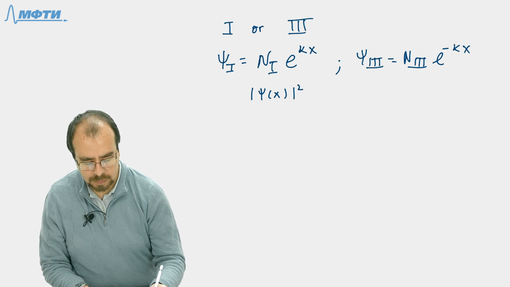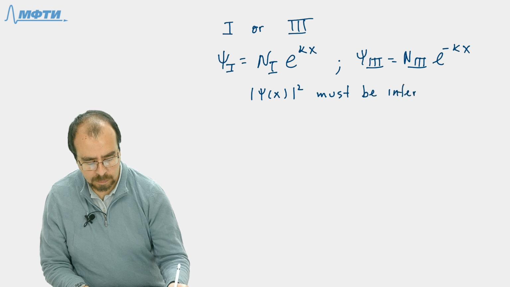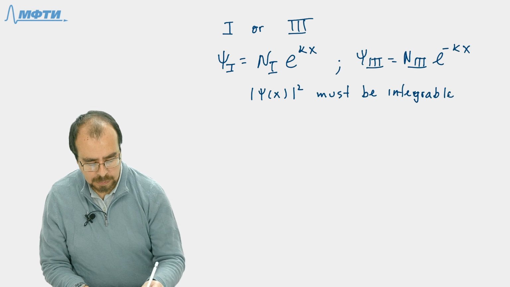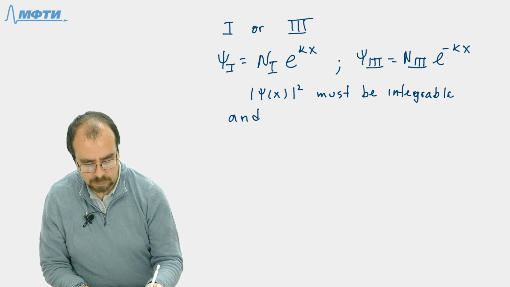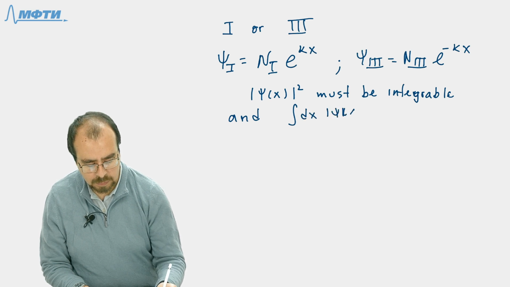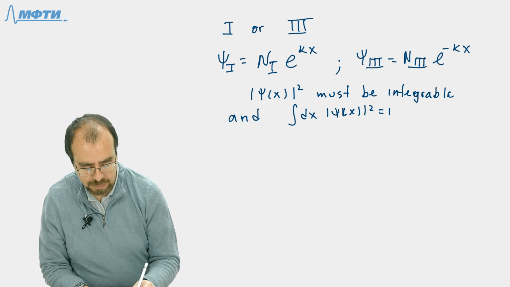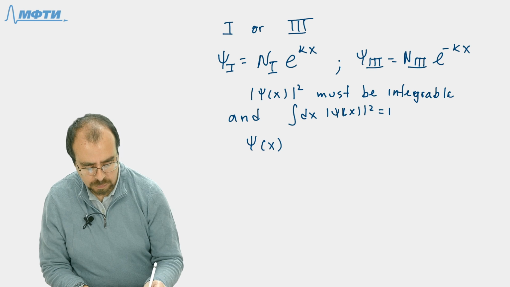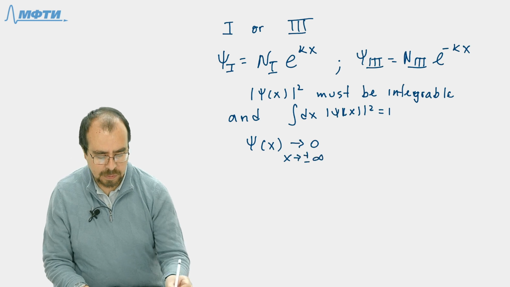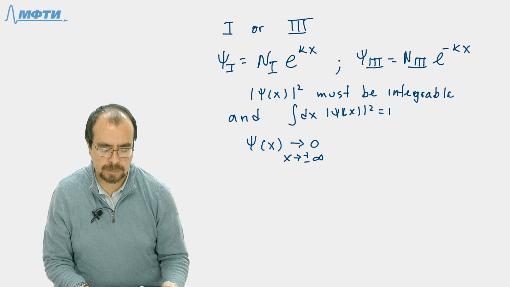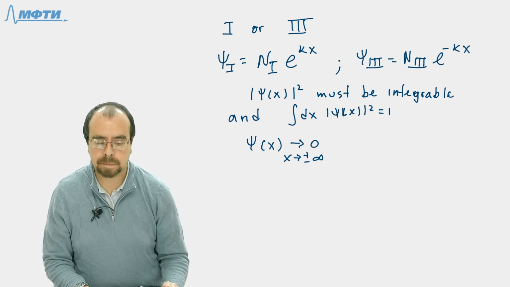The probability must be integrable, and also the integral of this over all space must be equal to 1. So in principle, that means the function psi of x must go to 0 when x goes to plus or minus infinity, right? So these are the solutions that satisfy this condition.